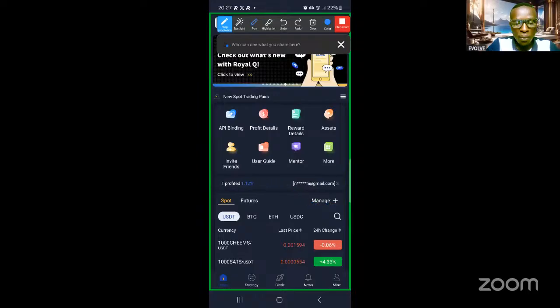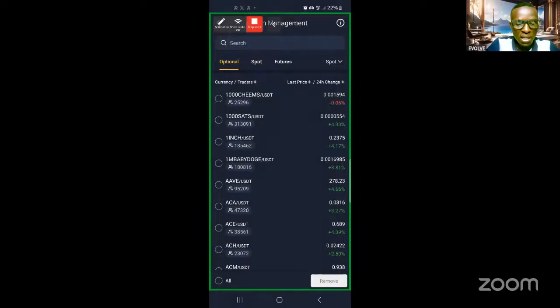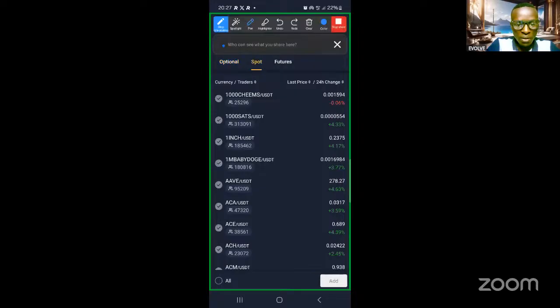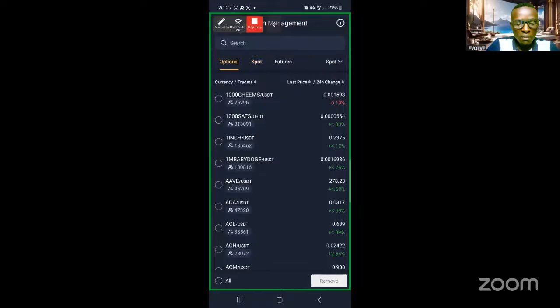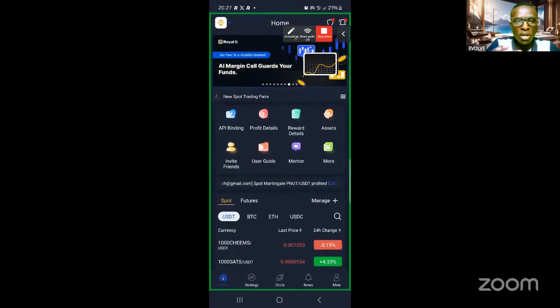When you tap on that, you are trying to add trading pairs that may not be visible on your Royalq. So you tap on spot on top, then you tap on all, and you tap on add. That way, every coin you search for, as long as it is in the exchange that you are using to trade, you will be able to see it.